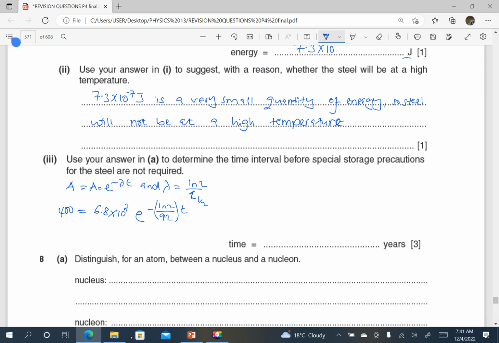So I just divide both sides and I introduce ln. So when I introduce ln this side, I will have ln of 400 divided by 6.8 times 10 power 7. The other side I only remain with the power, that is negative ln of 2 over 92 times t. So I will divide both sides.